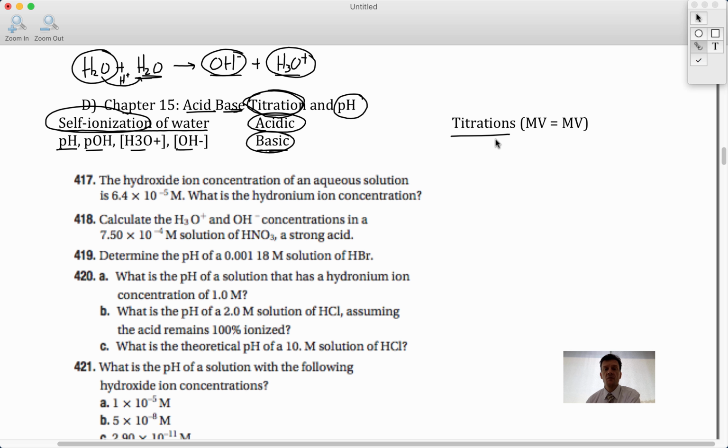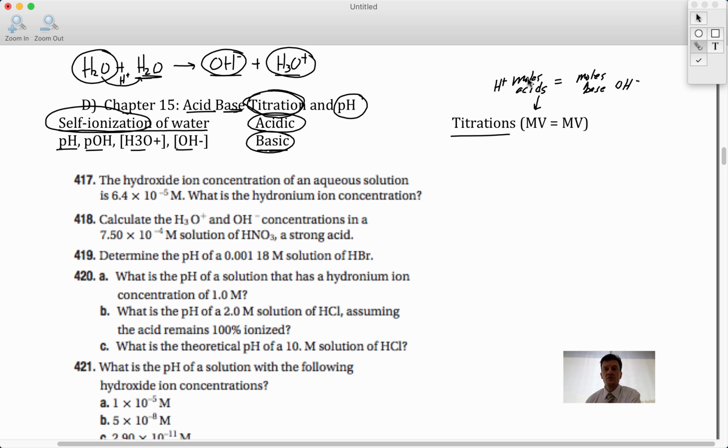A titration, if you remember, we're adding a base to an acid or an acid to a base, and we're trying to get to a point where we know that they've neutralized each other. When we get to that point, called the end point, we know that the moles of the acid, or actually the moles of the H+, the hydronium, have to equal the moles of the hydroxide.